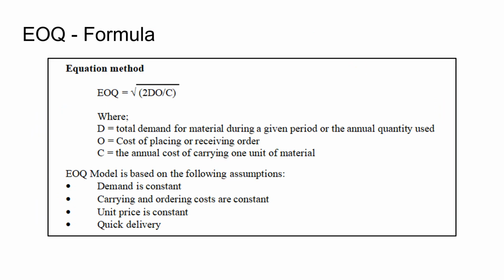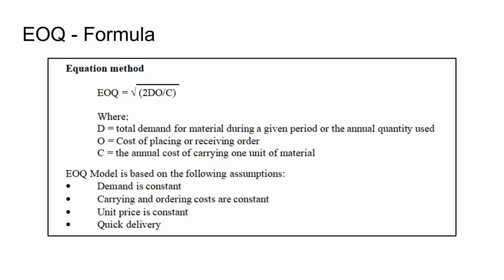Next, this is the formula of the EOQ. These are the elements that we need to know. D represents the total demand for material during a given period, or the annual quantity used. O represents the cost of placing or receiving the order, in other words, the ordering cost.